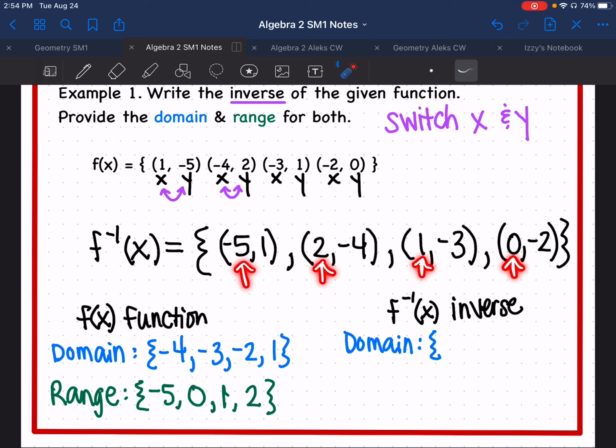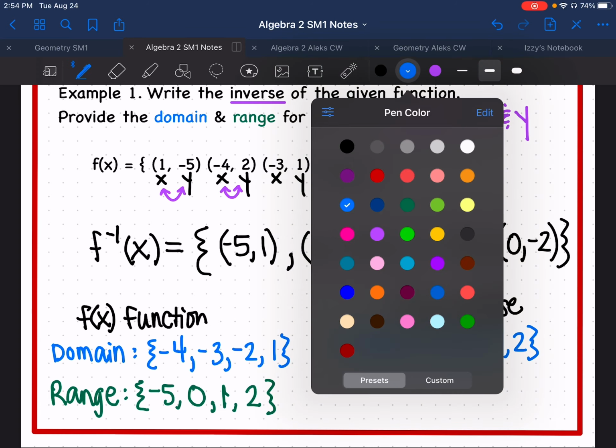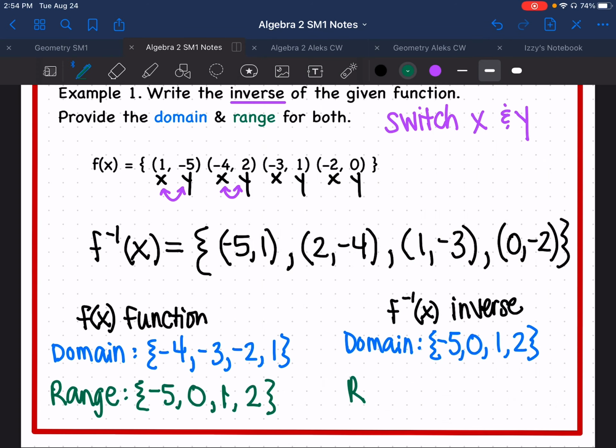So I'm going to start with -5, and then 0, and then 1, and then 2. They have to be in numerical order. And the range are going to be my y values, which are these values right here. The smallest of those is -4, then -3, and -2, then 1.